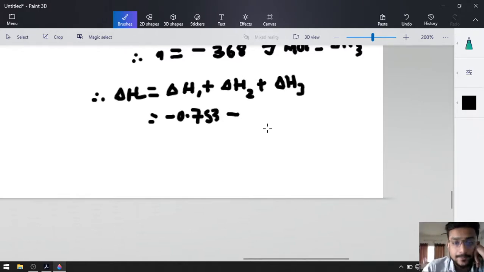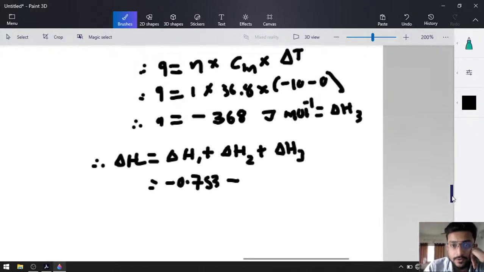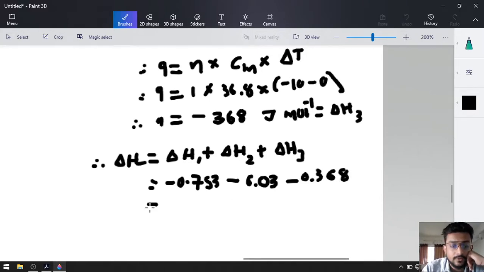Now delta H2 is minus 6.03, and the final value is divided by 1000 because it is in joule, and we want kilojoule. So 0.368. Okay, add these values, you will get your enthalpy change for the reaction.